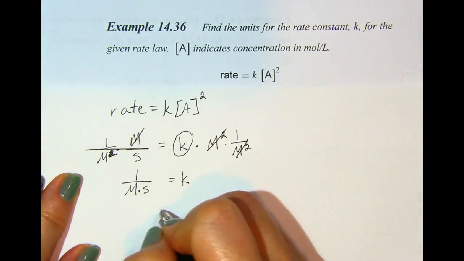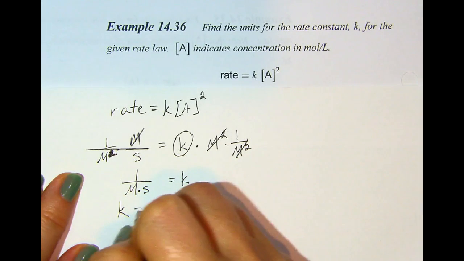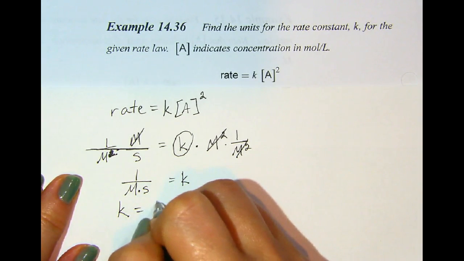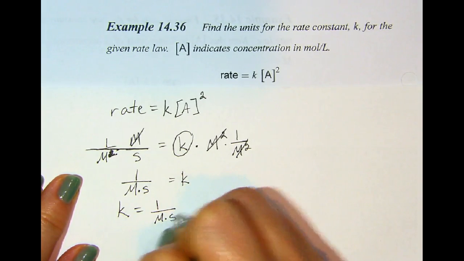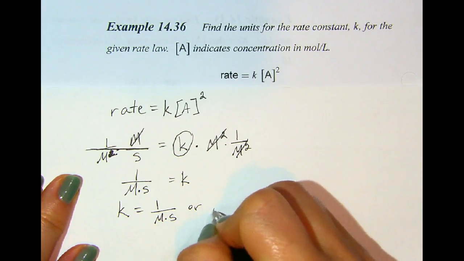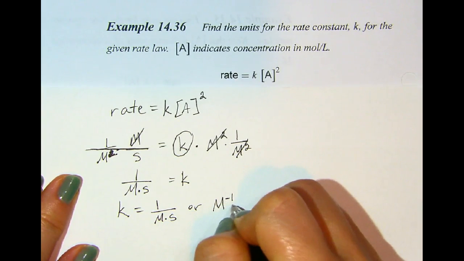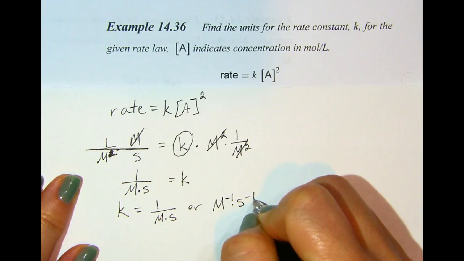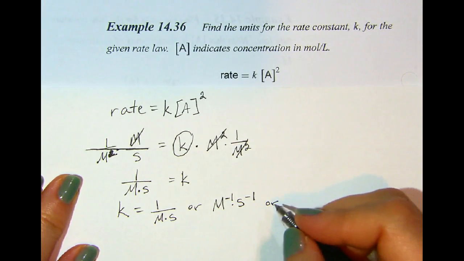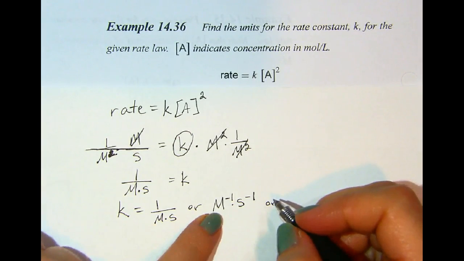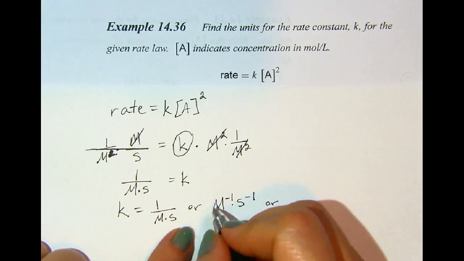This is the same thing, so let's write this in a few ways. K is equal to 1 over molarity seconds, or molarity to the -1 times second to the -1, or, this is the more complicated way to do this, remember molarity is moles per liter.